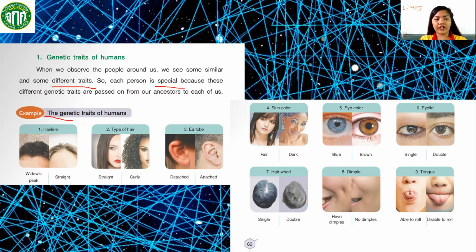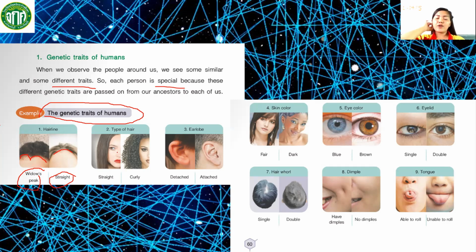So we have here examples of genetic traits of humans. Number 1, hairline. Can you check your hairline, everyone? Do you have this widow's peak or straight? For me, I have widow's peak. I got this widow's peak from my father. This one, it looks like this.